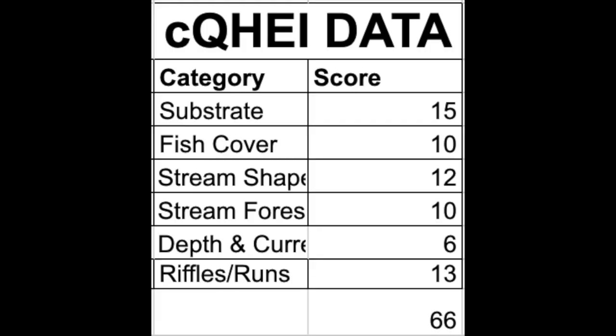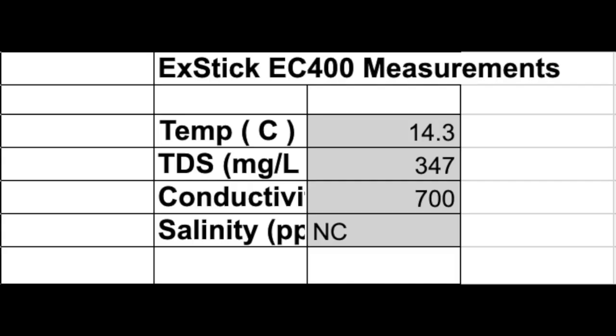They were also able to tally a CQHEI score of 66, which provided good habitat for aquatic life. Finally, as we look at data collected in 2021, FLOW samplers recorded a water temperature of 14.3 degrees Celsius, TDS of 347 milligrams per liter, and conductivity of 700 microsiemens.